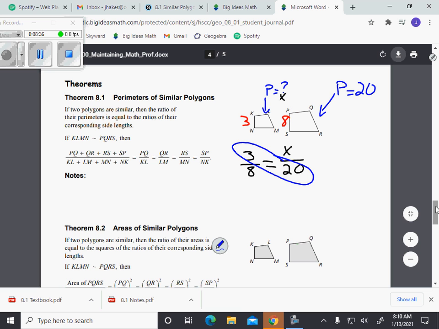3 times 20, which is 60. We have 8 times x, which is 8x. And then solve. If we divide by 8, we should get x is equal to 7.5.